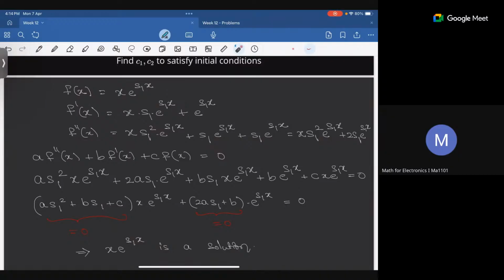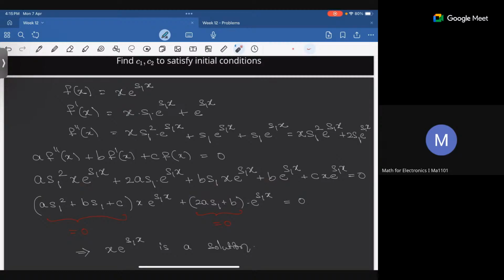After that, you just substitute them in our ODE: a f double prime x plus b f prime x plus c f of x is equal to 0.